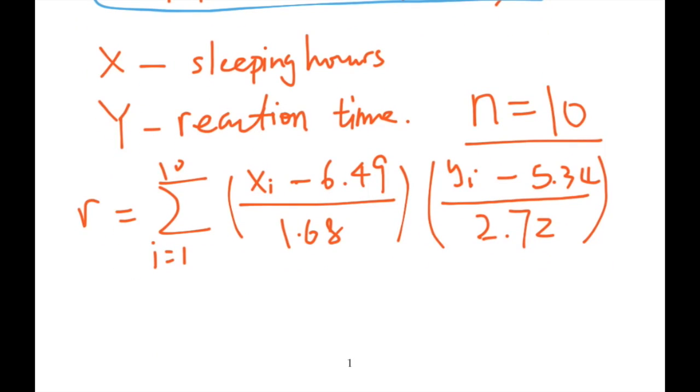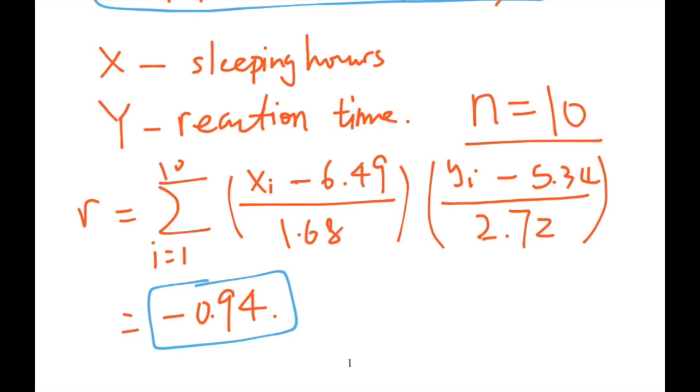And if we plug in the numbers and use the calculator, we can find that the correlation coefficient r is equal to negative 0.94. So the sleeping hours and the reaction times have a negative linear correlation.